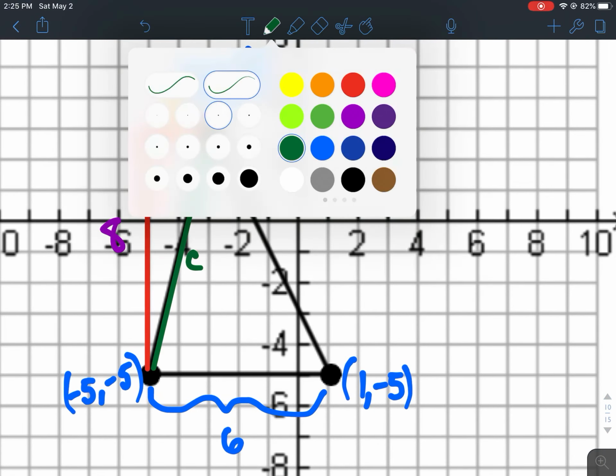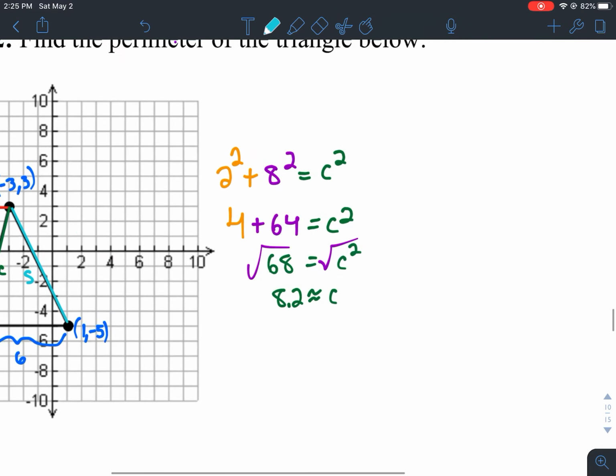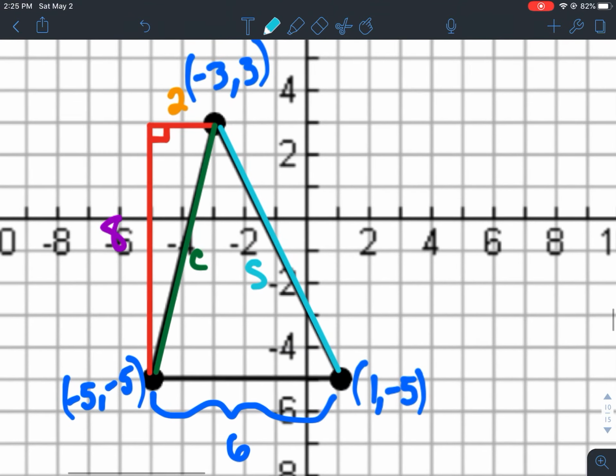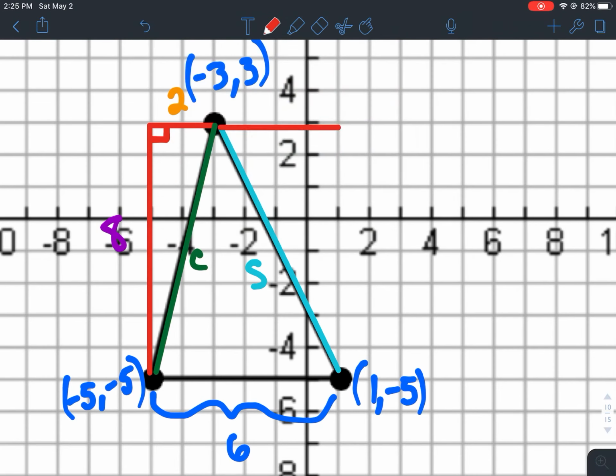So again, we want to find the other side, so we're going to use a similar process. I'm going to call this, I don't know, call this S. I don't want to use C again, so I'm going to call it S. Again, we're still trying to look for a right triangle here so that we can use the Pythagorean theorem.